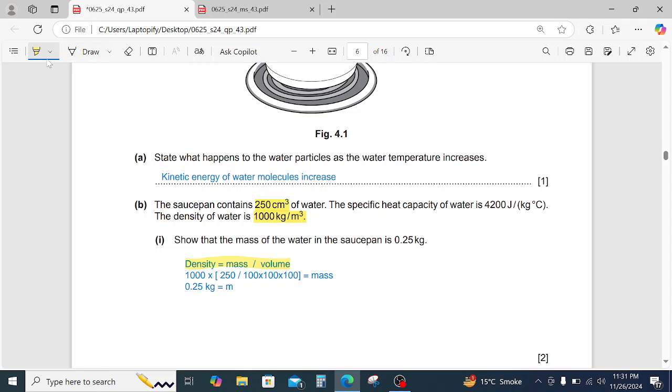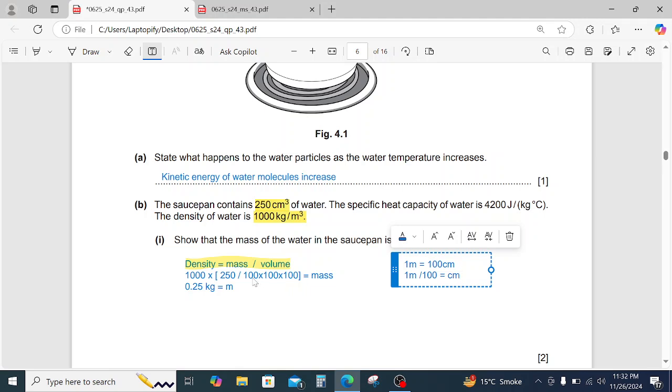So I have written here 250 centimeter cube, but I have divided by 100, 100 and 100. The reason is that 1 meter is equal to 100 centimeter. Is it clear? So if you want to move from centimeter to meter, then you have to divide by 100. Here we are using centimeter cube, so you have to divide 3 times by 100.